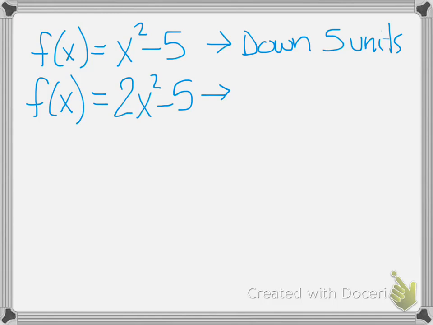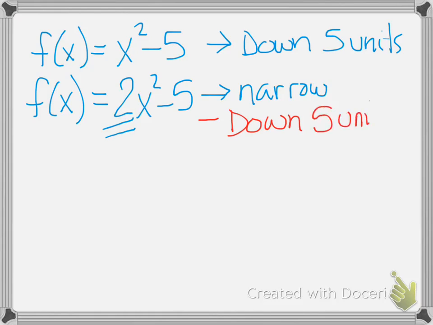If I asked you what was the transformation, you would say it got narrower, and you can tell that by the 2. Okay, and it also slides down 5 units, and you can tell that by the minus 5.